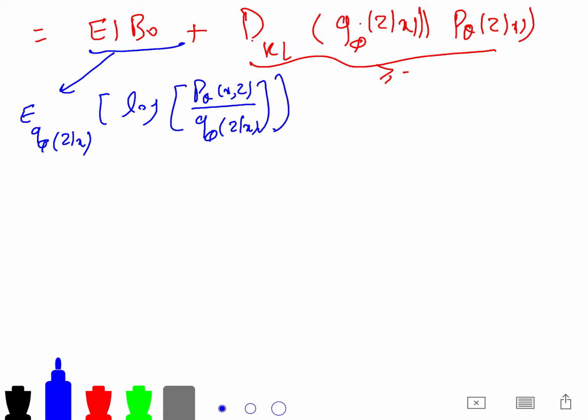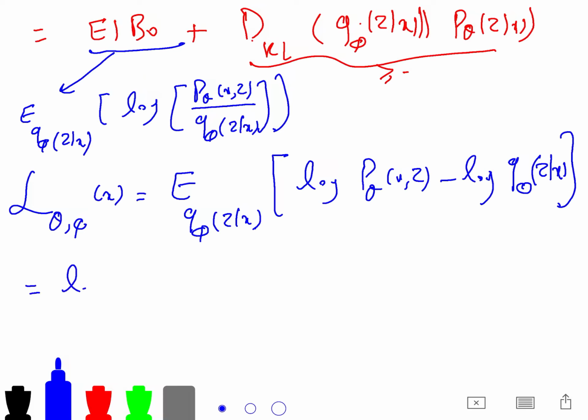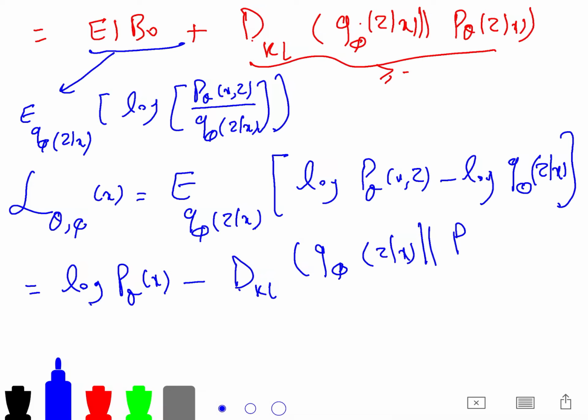So the elbow is a lower bound on the log likelihood of the data. So L theta and phi of x is the expectation of q phi z given x of log of p theta x and z minus log of q phi z given x. And you can write it as log of p theta minus KL divergence between q phi of z given x and p theta of z given x.